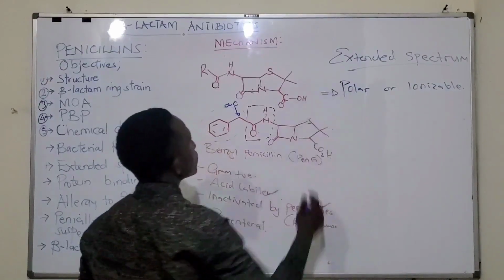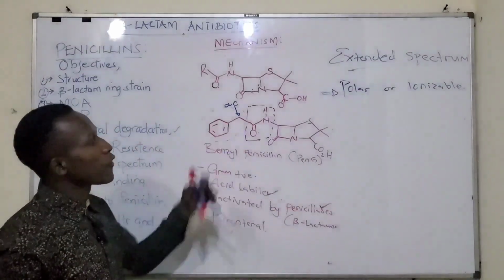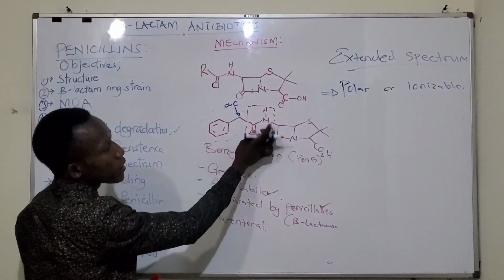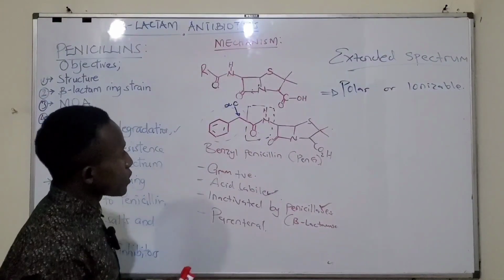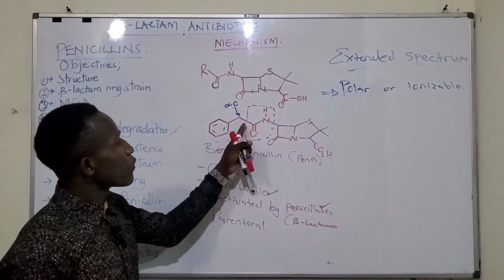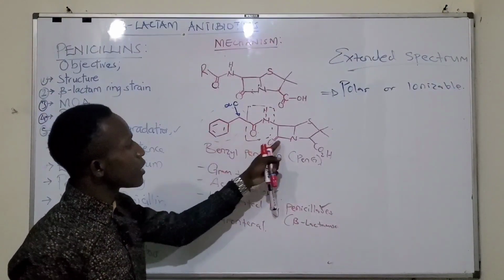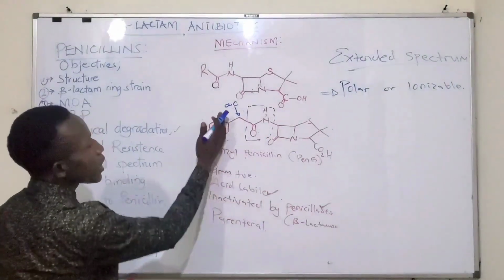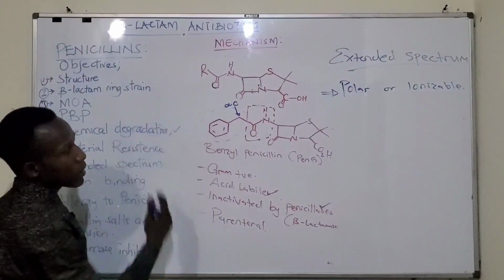These groups are added at the alpha carbon. Why alpha carbon? Because this alpha carbon is nearer to this part, the amide group, and this alpha carbon again is nearer to this beta-lactam ring than other parts.